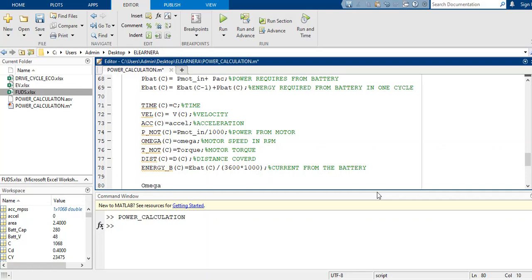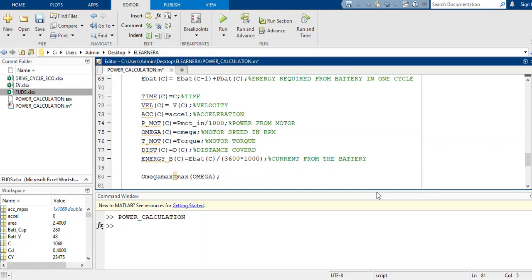To find it we have the syntax max, with which we can easily find the maximum value. To find the minimum value the syntax is min, and to find the average value the syntax is mean.